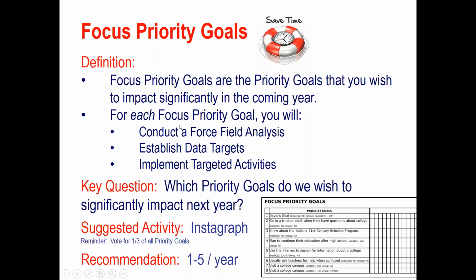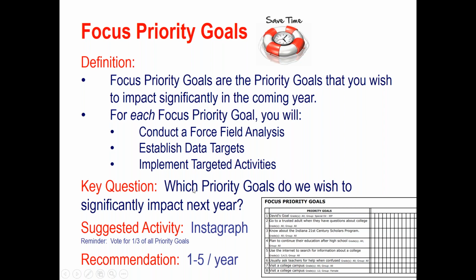Once you identify those, you're going to conduct a full force field analysis for those. You're going to establish data targets, and you're going to implement activities big time to drive this data. So these are the very few goals, of student choices, that you really, really want to nail.